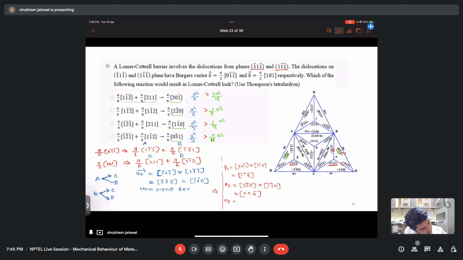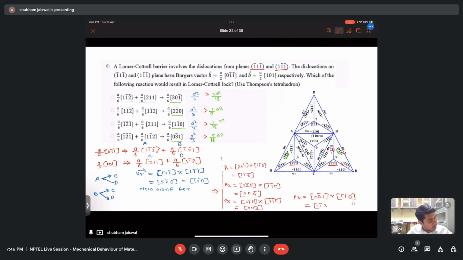The third case is 1 bar 0 cross 1 bar 1 0, so we will get the plane as 0 0 2 bar. And for P4 we will get [0 3 bar 1] cross [1 bar 0], so we will get P4 as 1 bar 3 bar.